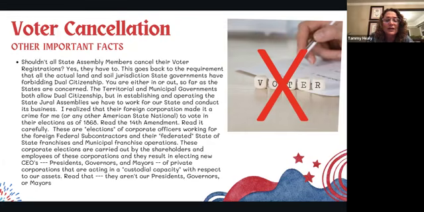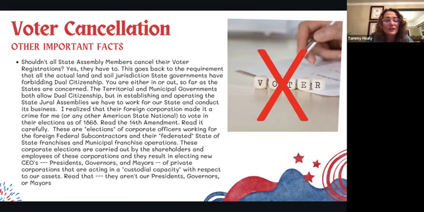These corporate elections are carried out by the shareholders and employees of these corporations, and they result in electing new CEOs, presidents, governors, and mayors of private corporations that are acting in a "custodial capacity with respect to our assets." Read that.